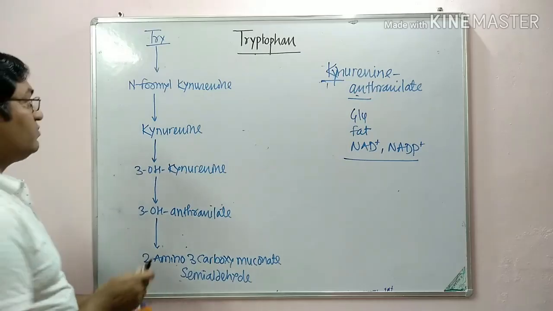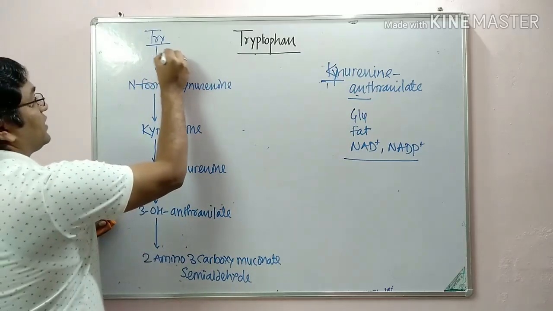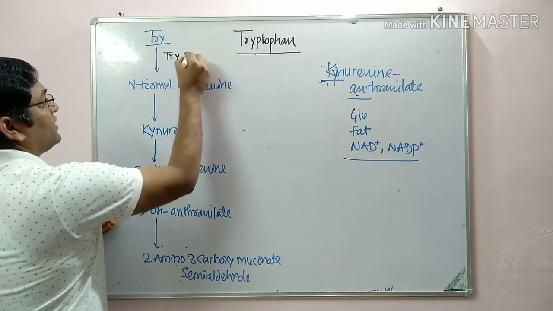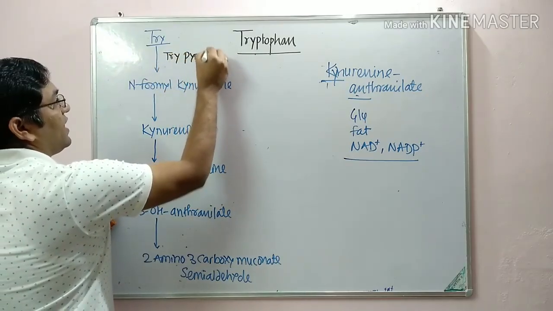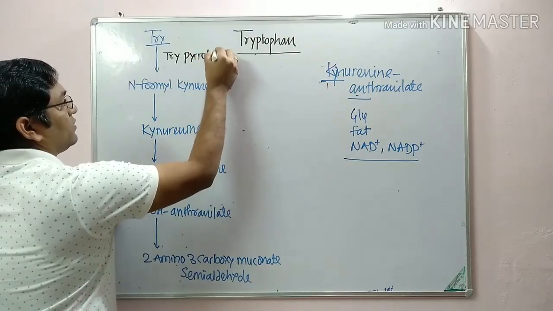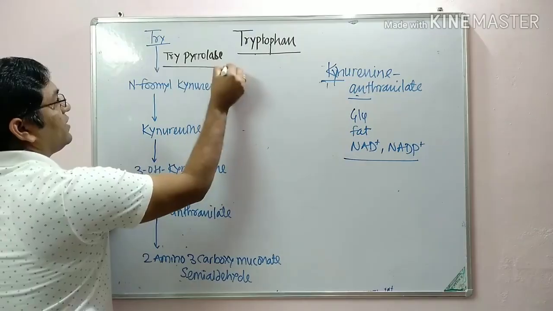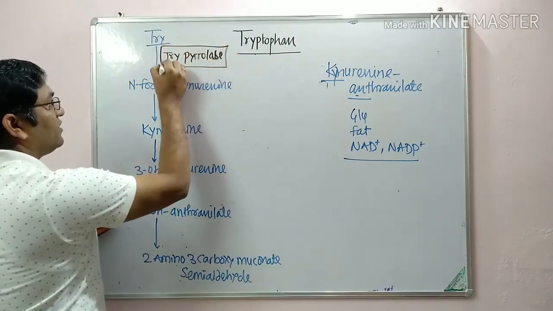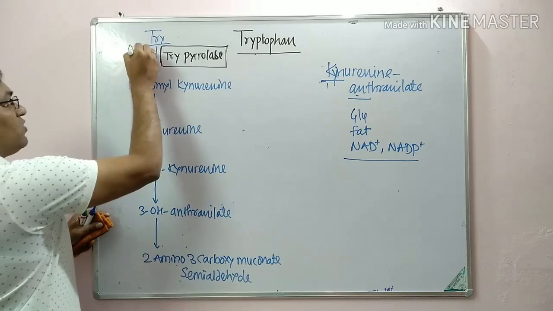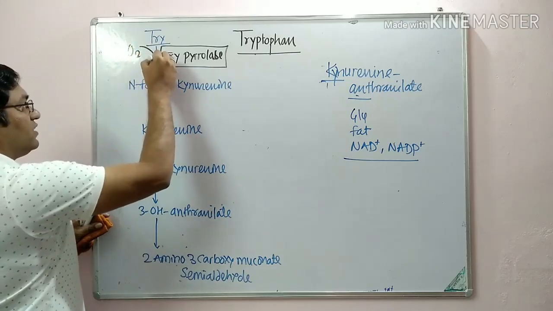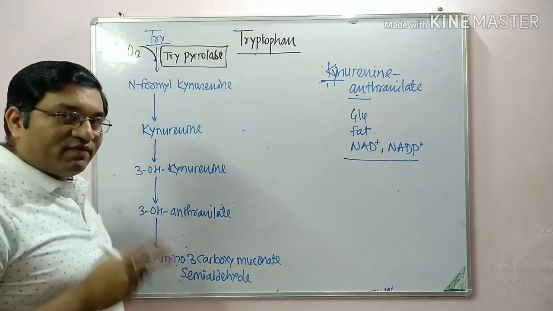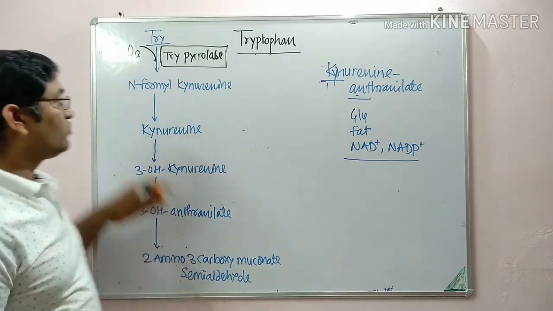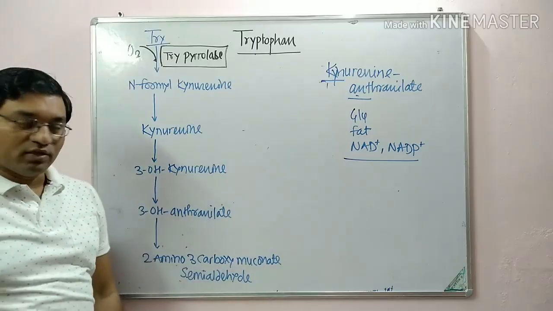Now we'll see the enzymes. This is by tryptophan pyrrolase. It is an iron metalloprotein, containing iron. Molecular oxygen is incorporated in the indole ring, causing cleavage of the indole ring and converting tryptophan into N-formyl kynurenine.